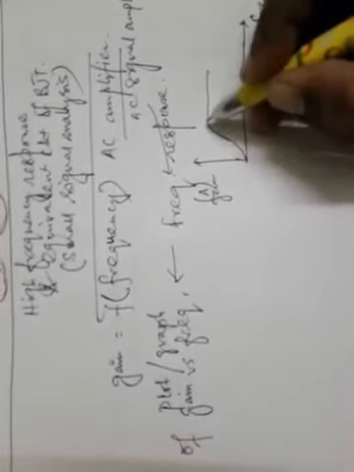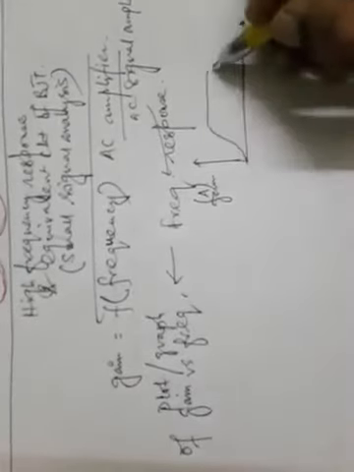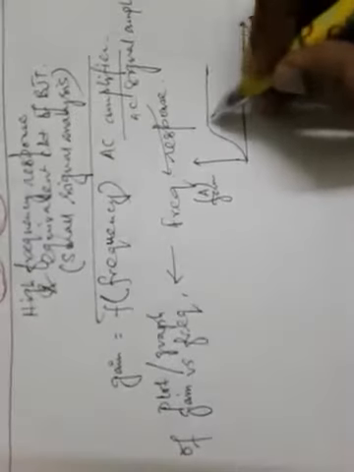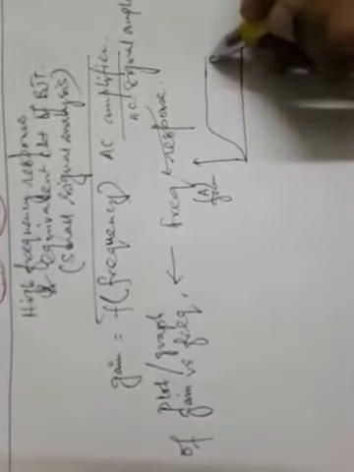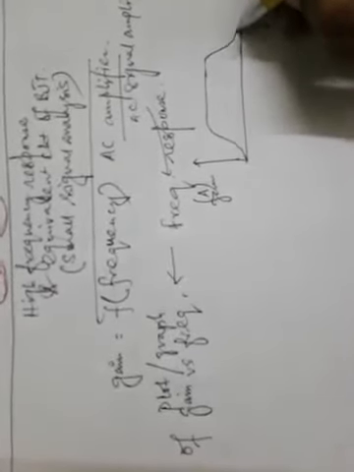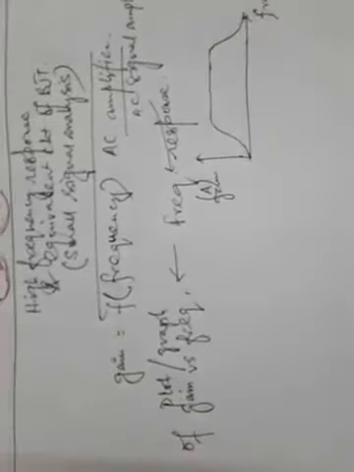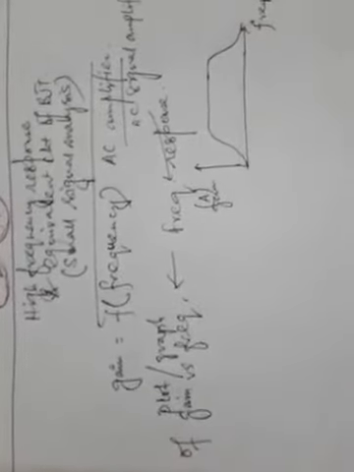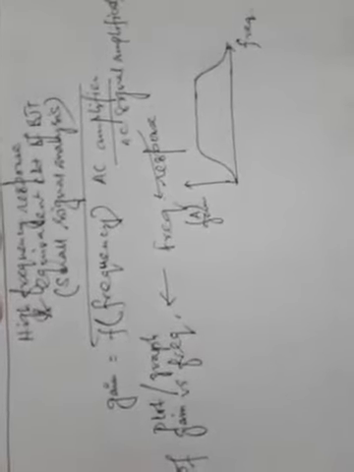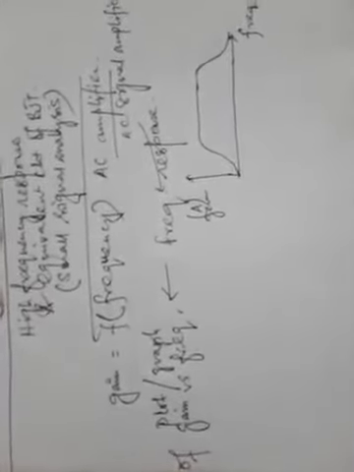Initially there will be a sharp increase starting from zero frequency, then a stable flat region, and after a certain point once again a steady decrease, touching almost up to the frequency axis. So this is ideally the frequency response of an AC amplifier.